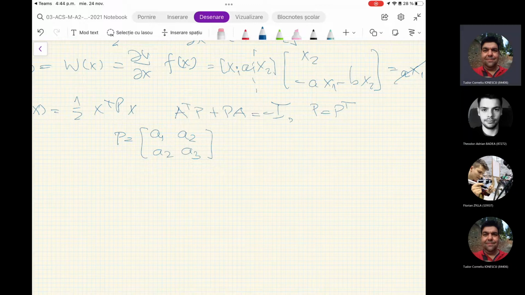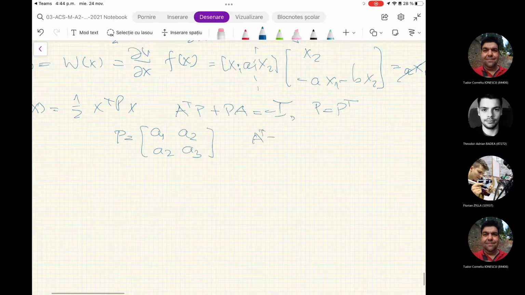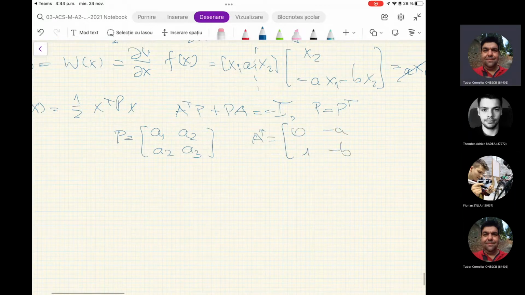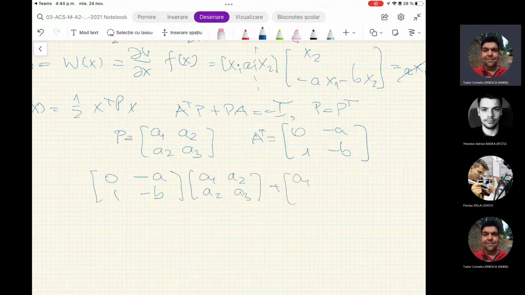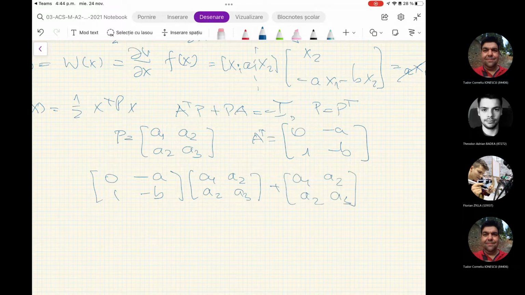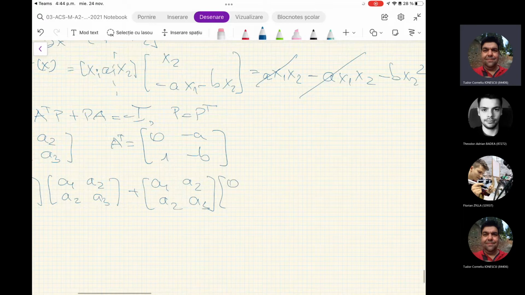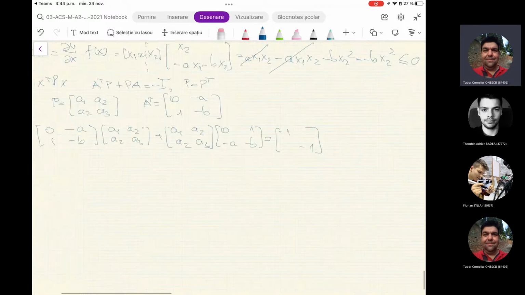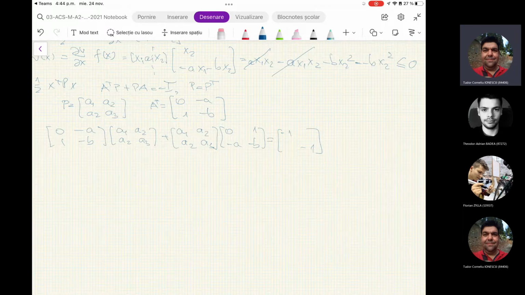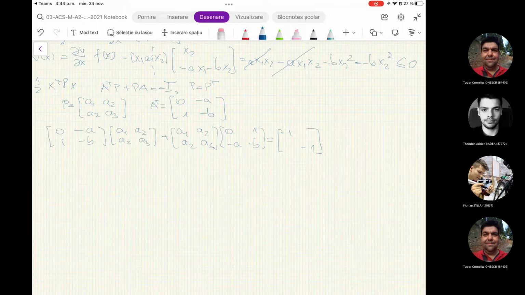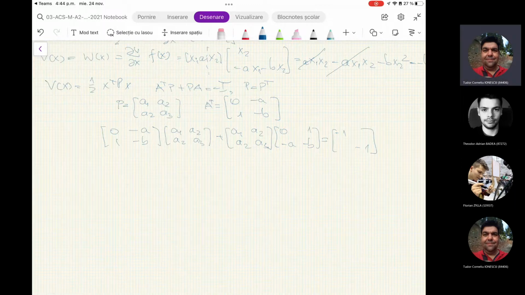A transpose is 0, 1, minus A, minus B. So you have A transpose times P, which is A1, A2, A2, A3, plus P times A, equal to minus 1, minus 1, and solve this system of equations in unknowns. Oh, sorry, the notation is bad. I should have used P.